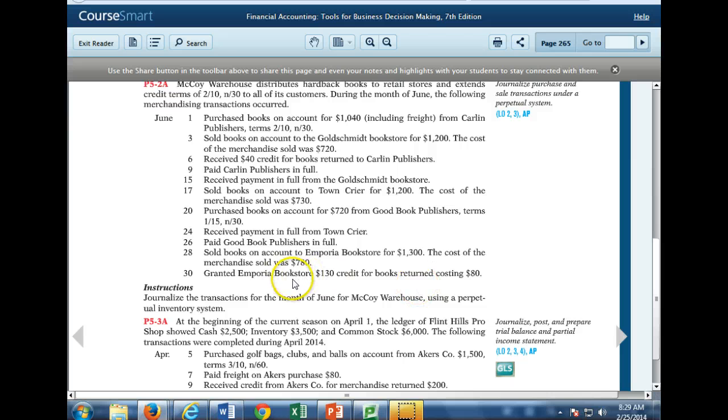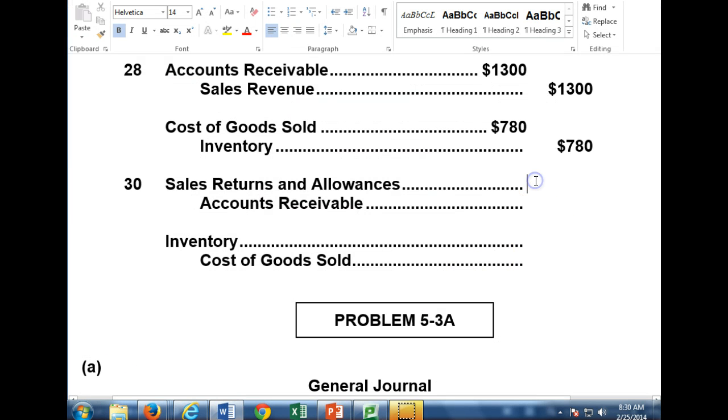Last, granted Emporia Bookstore $130 credit for books returned, costing $80. Okay, there are going to be two transactions here, guys. We gave them a credit of $130, and the books cost $80. Sales returns and allowances, $130.